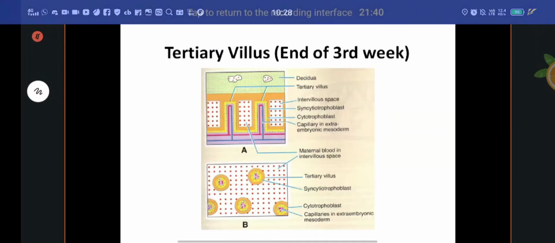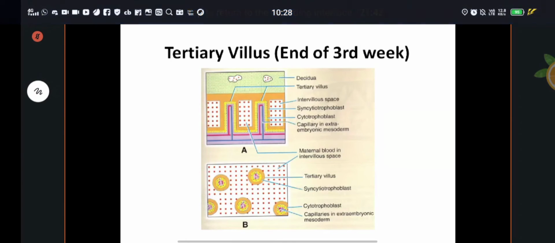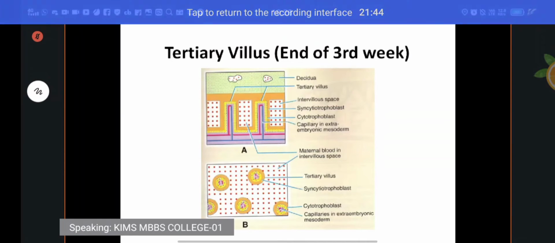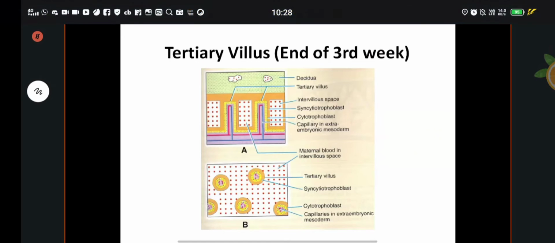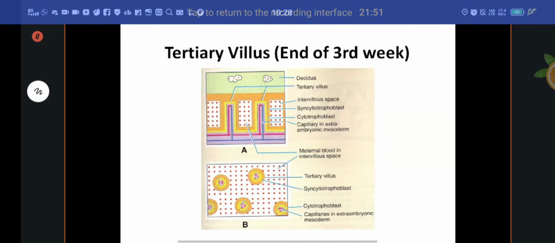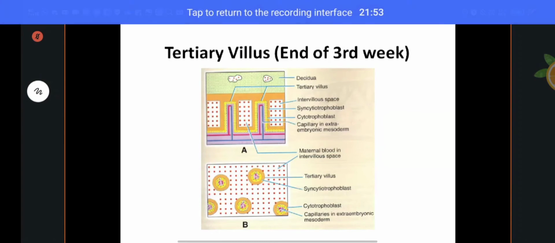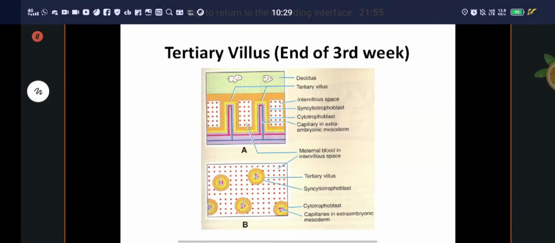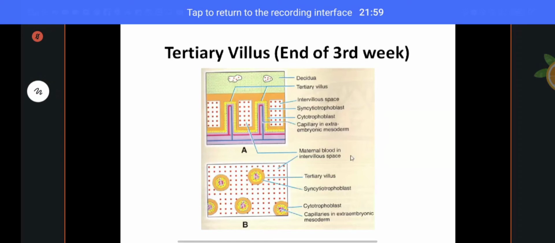Now, tertiary villus consists of 4 layers. The outermost is syncytiotrophoblast, second is cytotrophoblast, third is extra embryonic mesoderm, and fourth is the blood vessels which developed in the extra embryonic mesoderm. So this is how the chorionic villi develop.